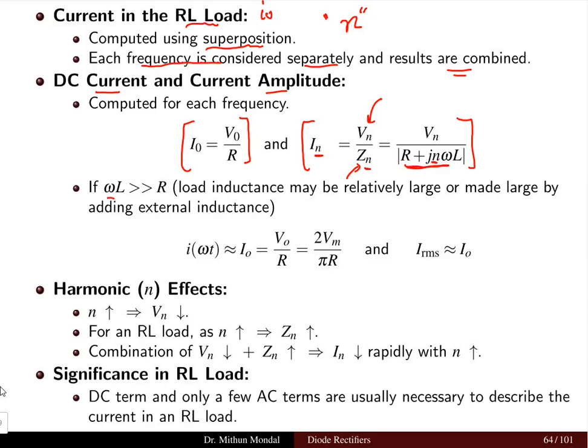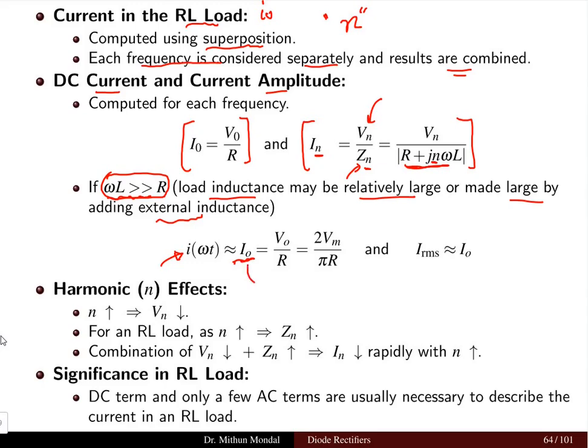Now, if omega L is very much more than R, this is what we say means the inductance value is quite large. The load inductance may be relatively large or may be made large by adding some external inductance. In that case, the current I is approximately equal to the average current.